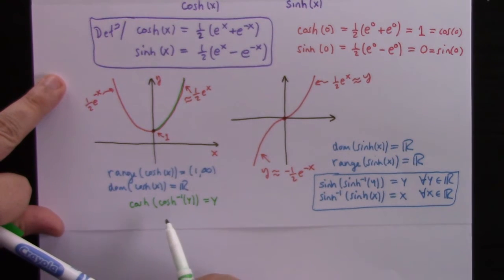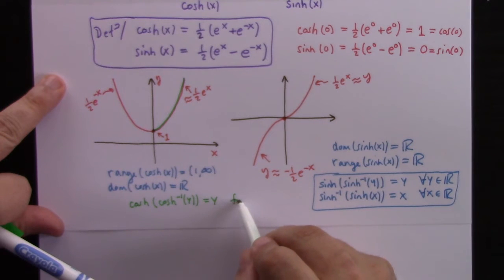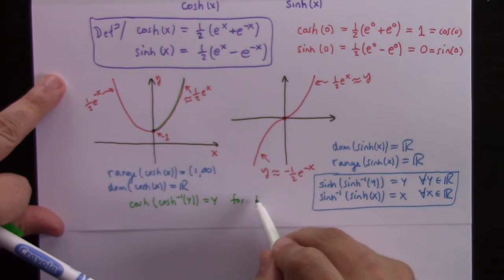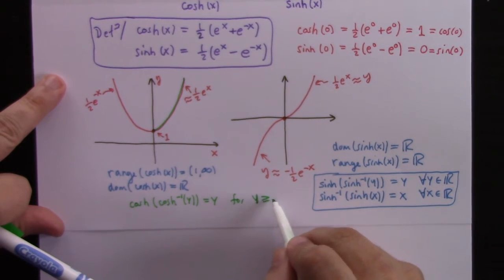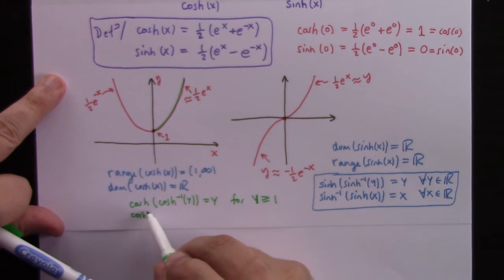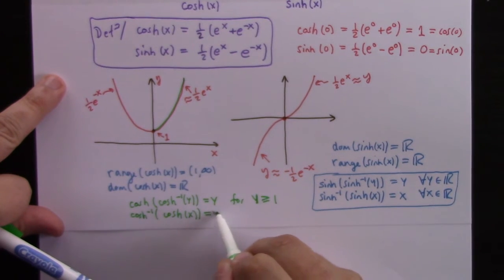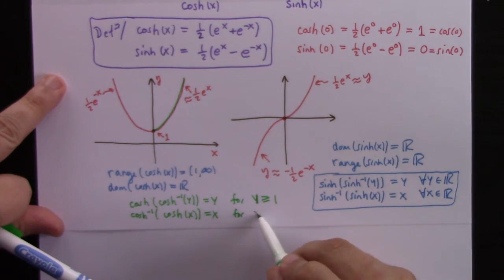That only makes sense if y is in the range of hyperbolic cosine, so y greater than or equal to 1. On the other hand, cosh inverse of cosh of x is only going to be equal to x for x greater than or equal to 0.